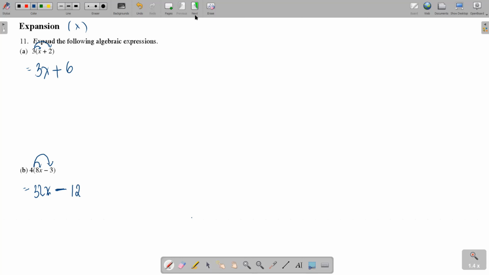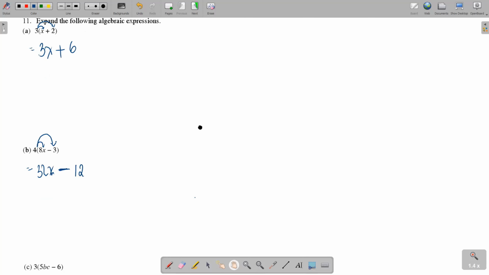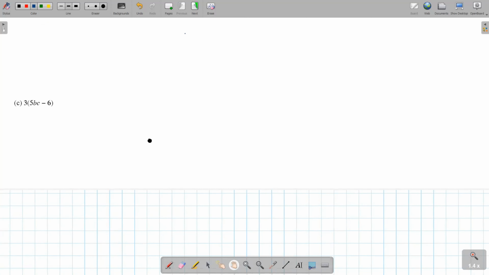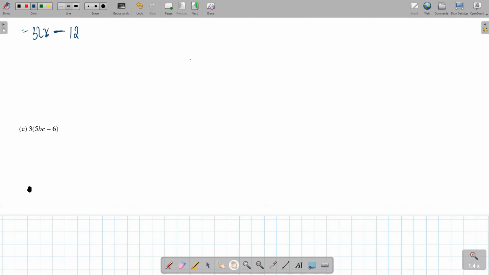Okay, we try a few more examples. We always start with the first term in the bracket. So 3 times 5bc, only the number will be involved in the multiplication. So 3 times 5, 15.